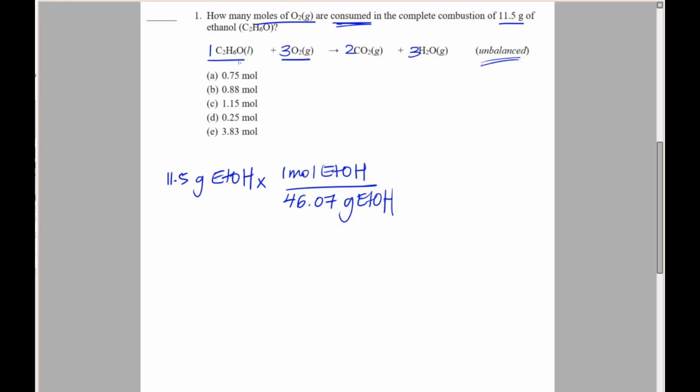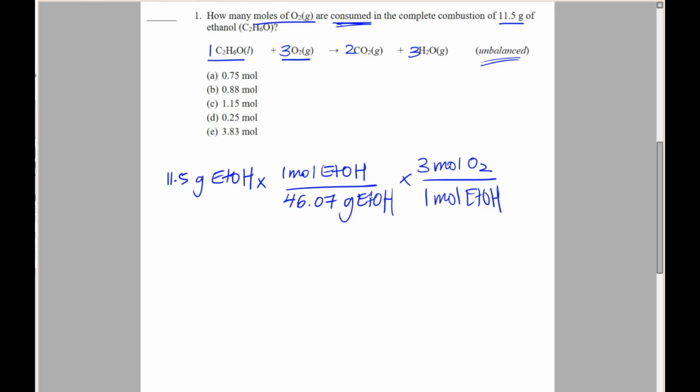And we're asked how many moles of O2 are consumed. So we need to use this molar ratio between ethanol and oxygen on the left side. We see that we have 1 mole of ethanol to 3 moles of oxygen. So we can write 3 moles of oxygen over 1 mole of ethanol. And we can just stop there, because we're asked for the moles and not for the mass in grams of the oxygen.